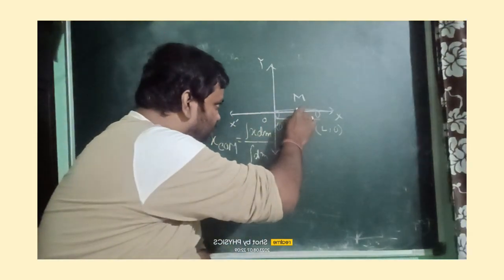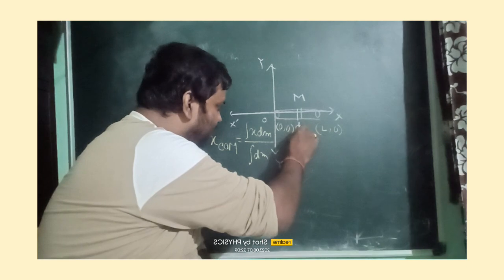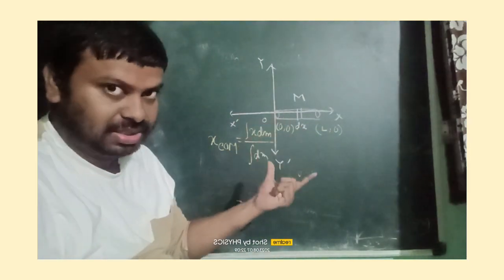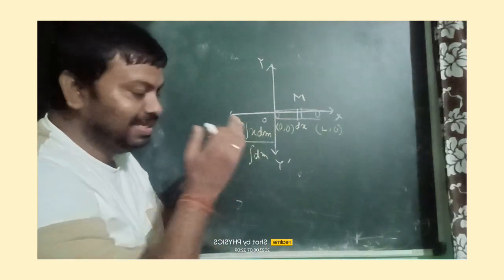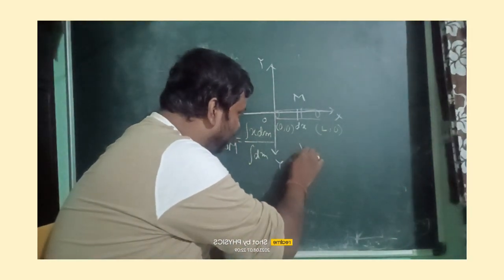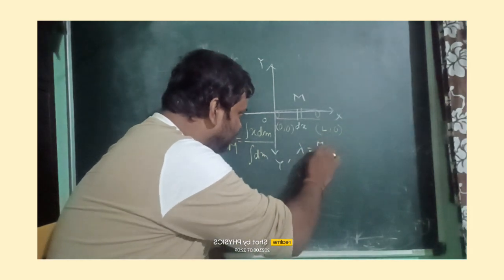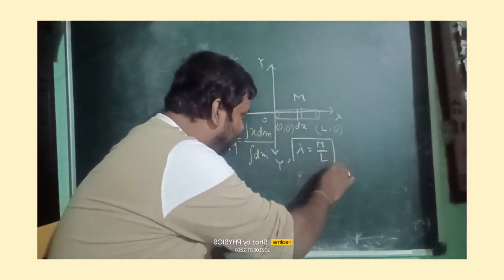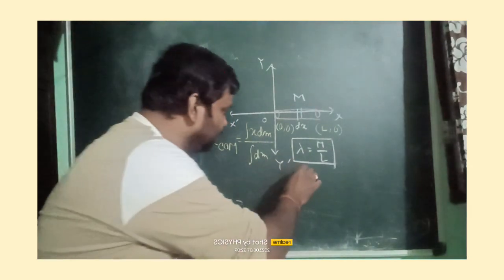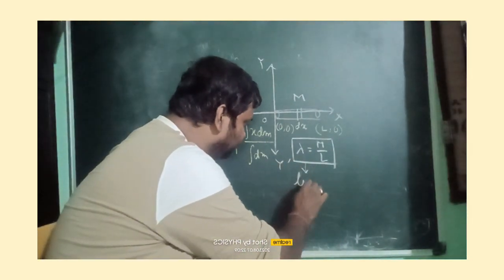Now let's take a strip whose length is dx. If M is the mass and capital L is the length, then the mass per unit length is lambda. That is the linear mass density.